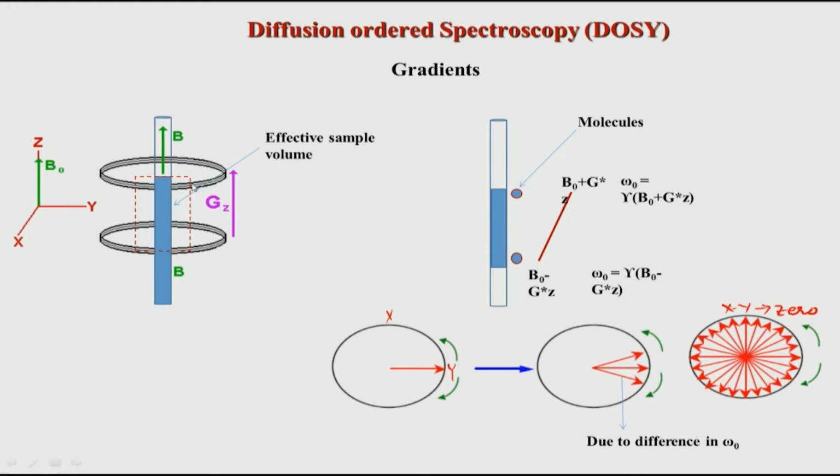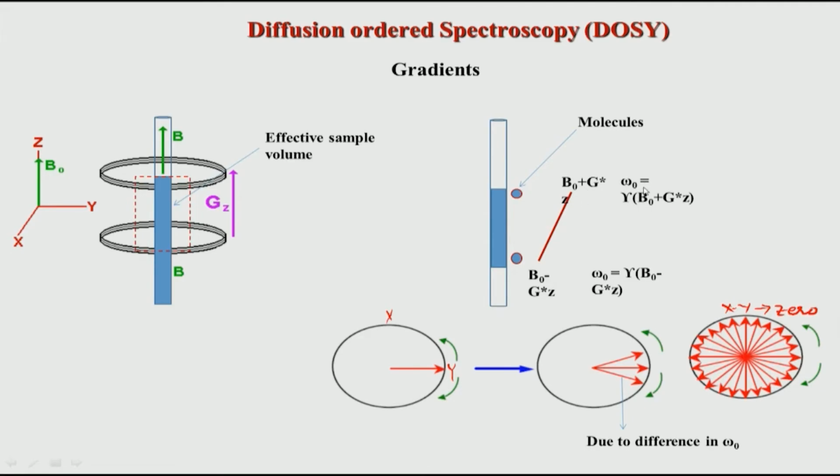So, top and bottom oppose each other. The top portion will be along the magnetic field B0, and the bottom magnetic field generated will be opposing the main magnetic field. Therefore, we can write the bottom part of the sample as B0 minus Gz and the top part of the sample as B0 plus Gz.